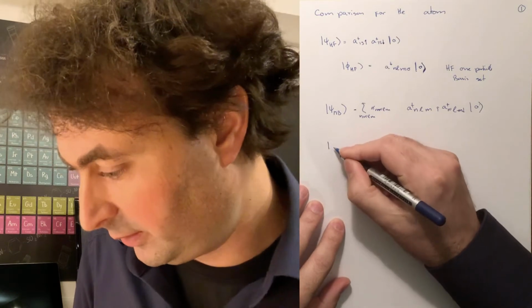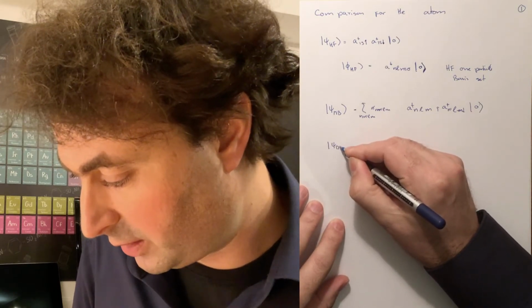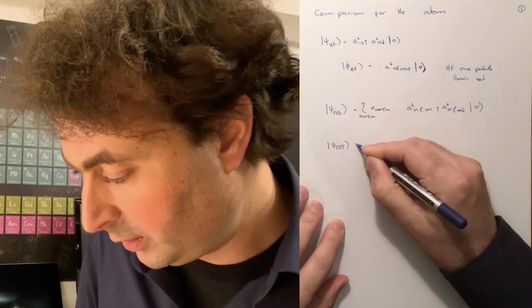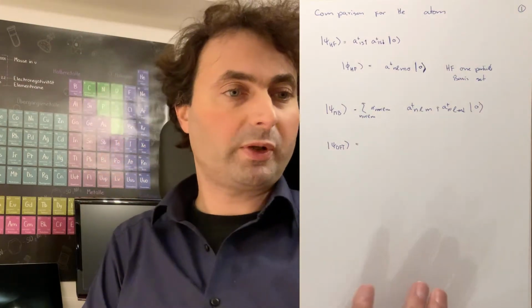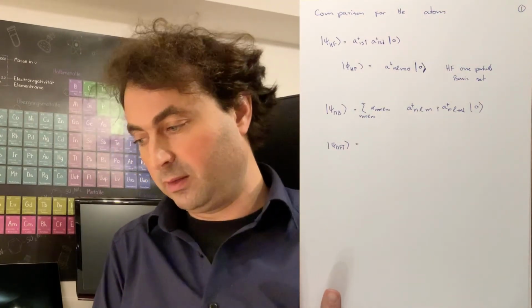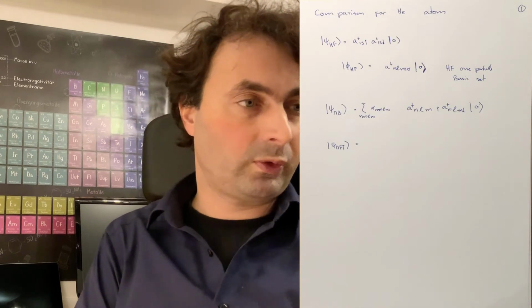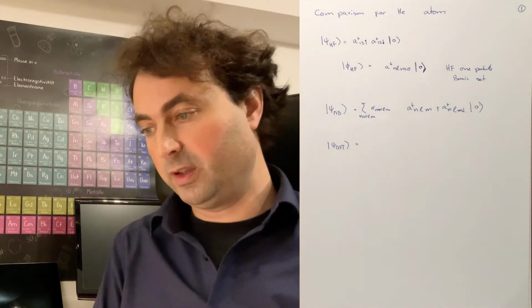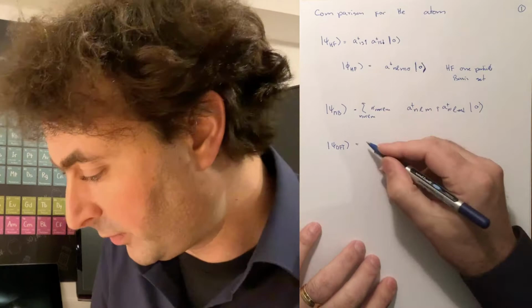Let's have a look at the wave function in density functional theory. In density functional theory we have quasi-particles, but let's just take the Hartree-Fock orbitals for the basis set of the quasi-particles.